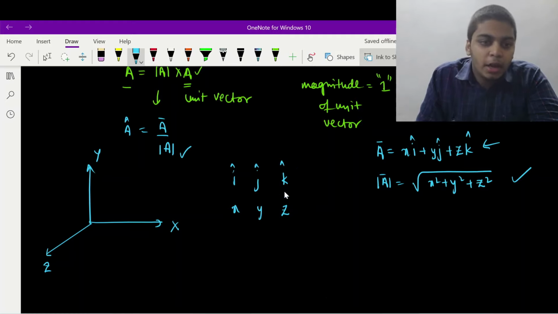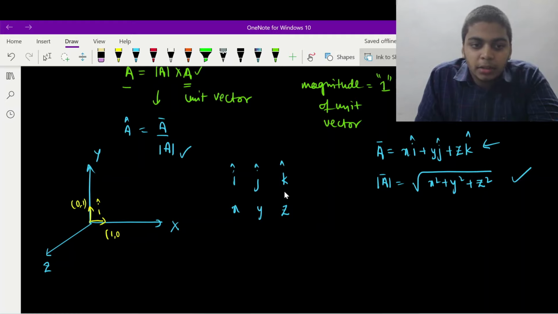So unit vector along x-axis means it is a vector starting from origin to 1 comma 0, and this particular vector is i cap. And one unit along y-axis, that is 0 comma 1, sorry, since it is a 3D Cartesian plane, this is 1 comma 0 comma 0, and this point is nothing but 0 comma 1 comma 0.